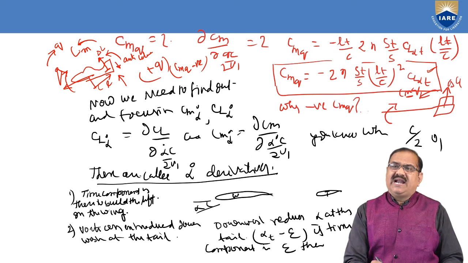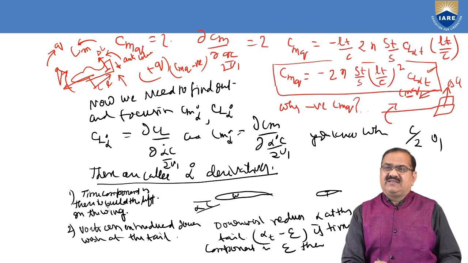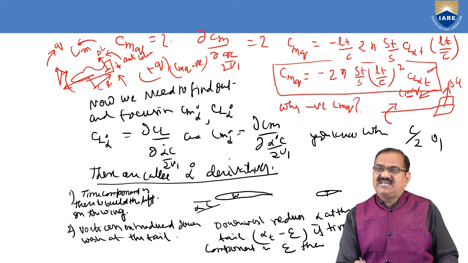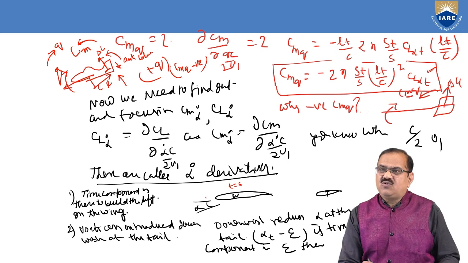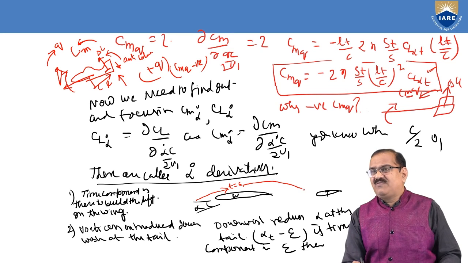Okay, so here time component is there to build the lift in the wing. So if you see alpha dot, what is the alpha dot? It means if at time t0 your flow is moving here, this same flow will be coming after t plus 1.